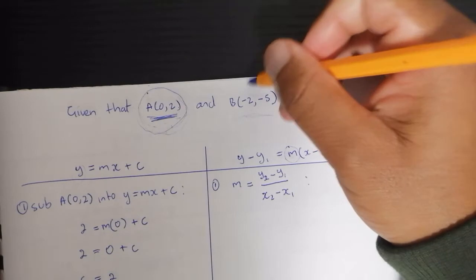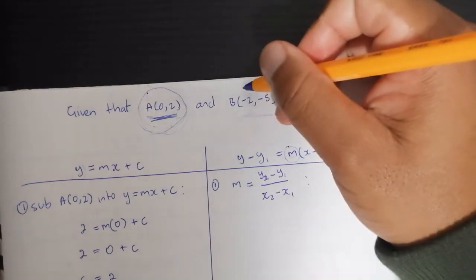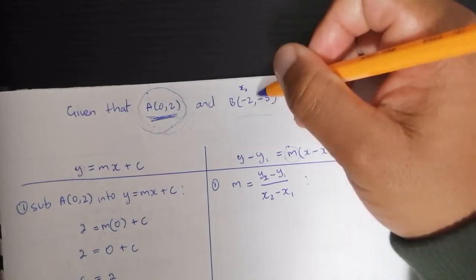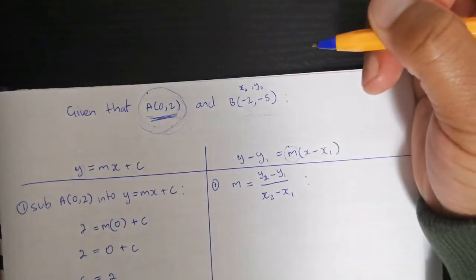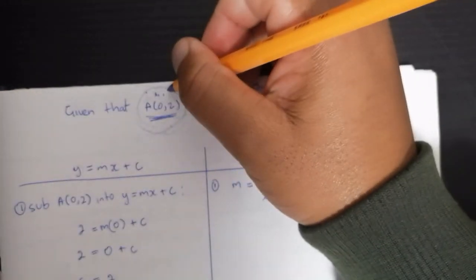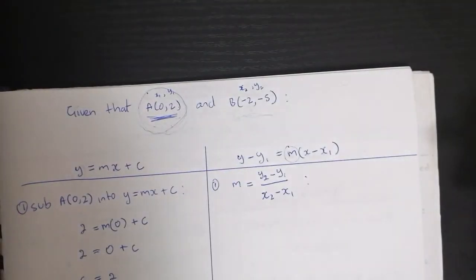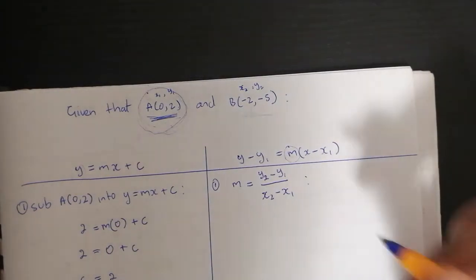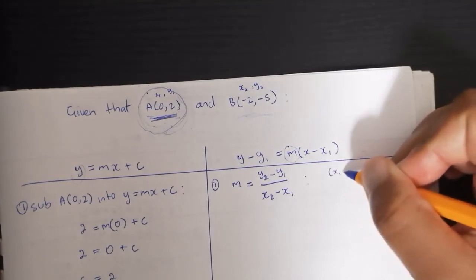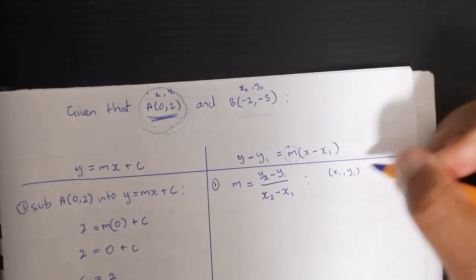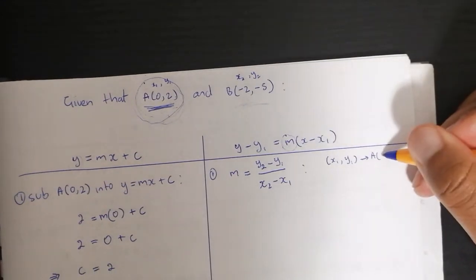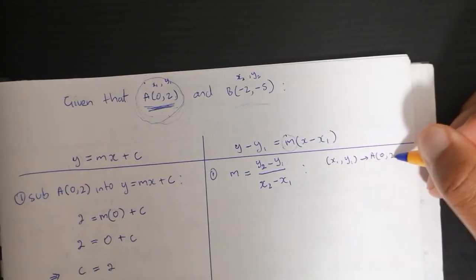Now, before we even substitute the values, we need to know or map our values. So we're going to use B as x2, y2, and A will be our x1, y1, right? So let me just write it again here. So we have x1, y1, we'll get from A, 0 and 2.